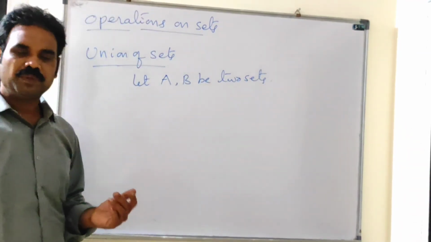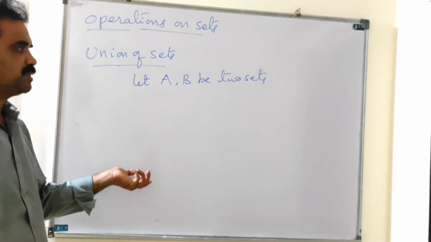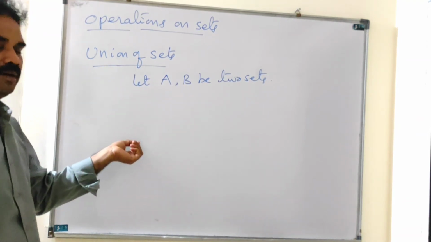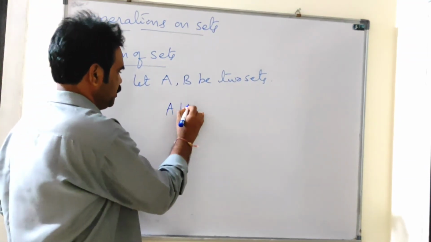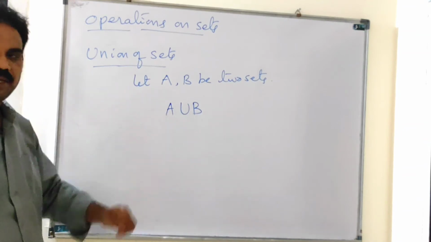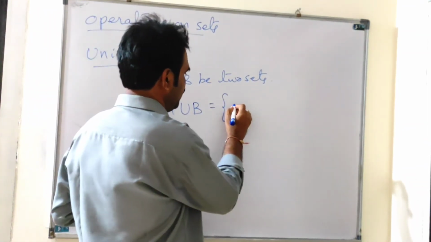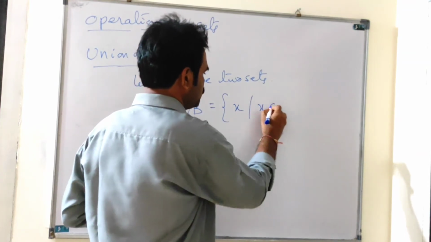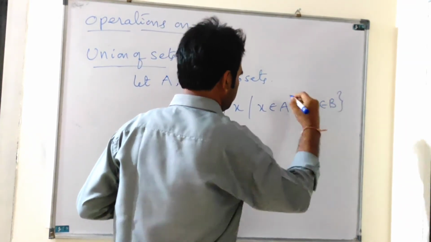Then the union of A and B is the set of all elements that are members of A or B or both, and is denoted by A union B. That is the set of x such that x belongs to A or x belongs to B.